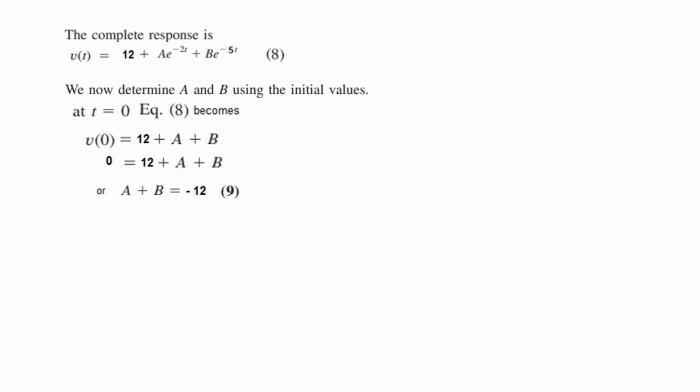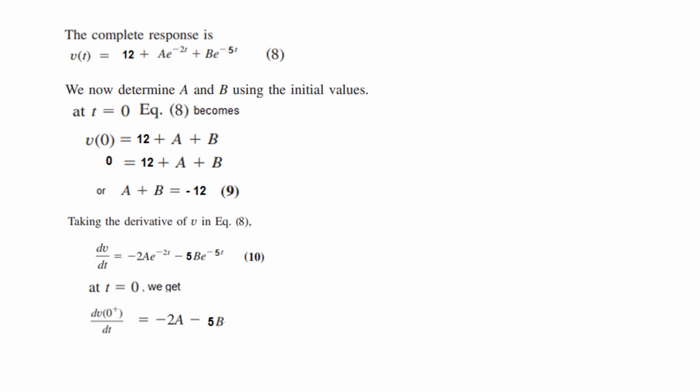The other equation we will get by differentiating this and equating to the initial derivative. So let's do that. Taking the derivative of this equation, we get these terms. I hope you can do that. Taking the derivative, we get minus 2 e raised to the power minus 2t. And now we'll put t equal to 0 here.